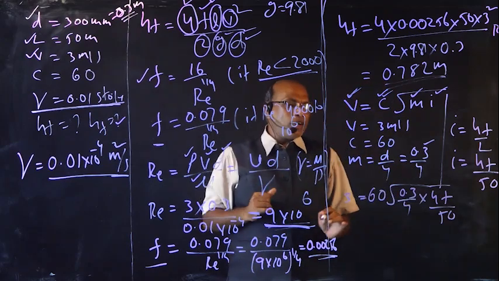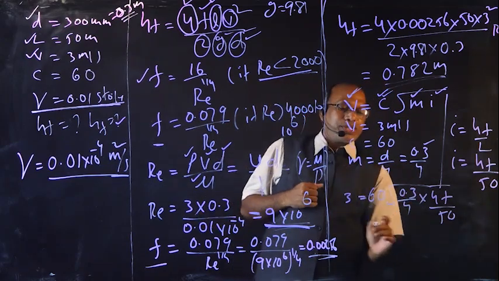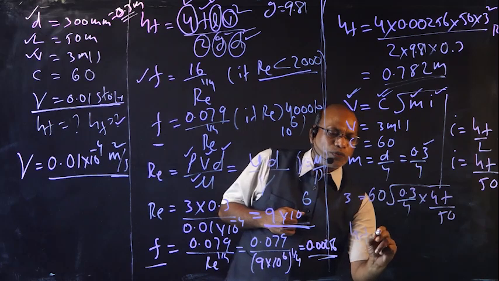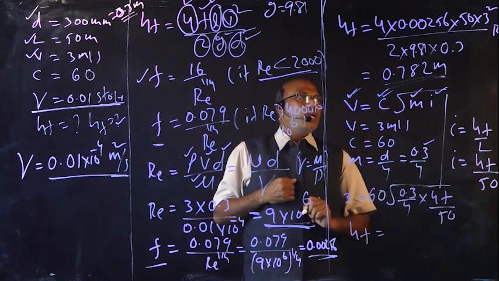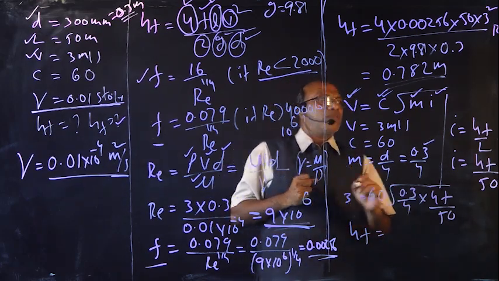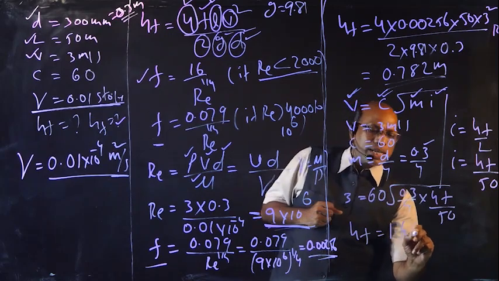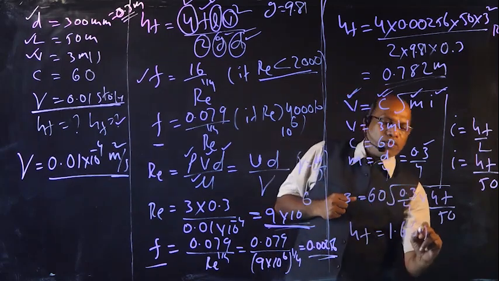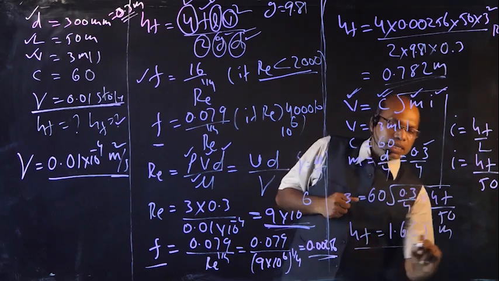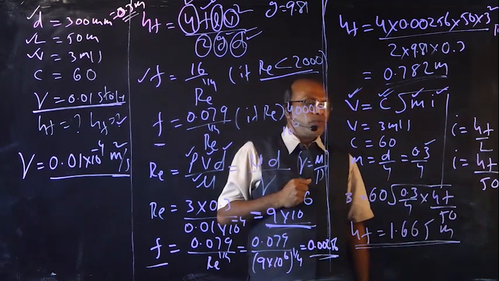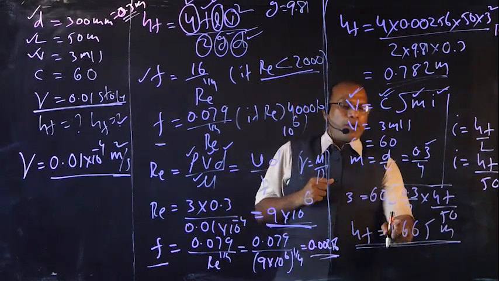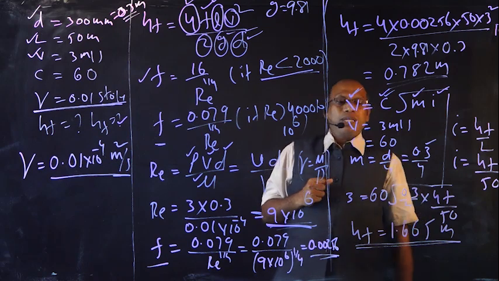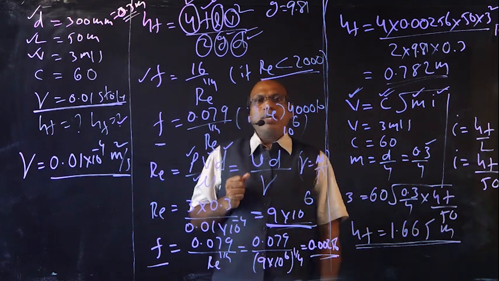Only unknown is HF in this equation. Therefore, head loss due to friction HF is equal to 1.665 meters. This is the data they have asked in this problem.